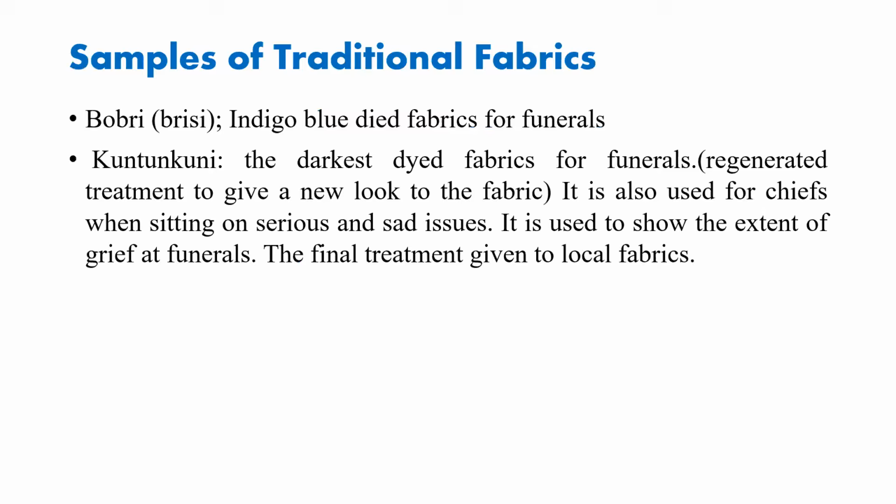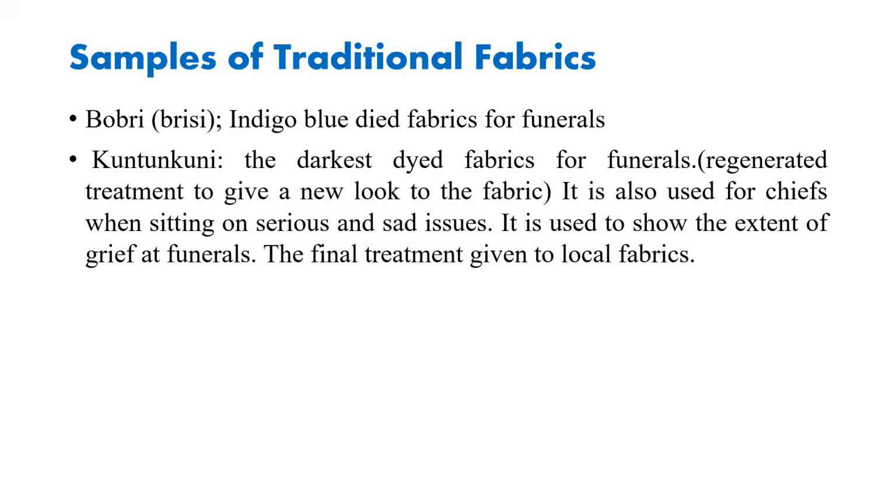Then we have the birisi, indigo blue dyed fabric. So when a father, a mother, a loved one passes on, you use what? The birisi, to show the mood and the extent of closeness to that relative. Kuntunkuni, the darkest dyed fabric for funerals.